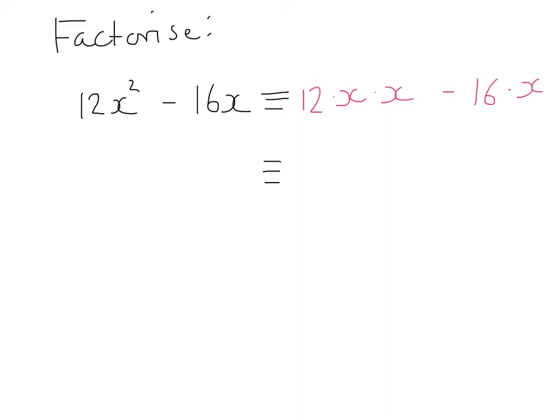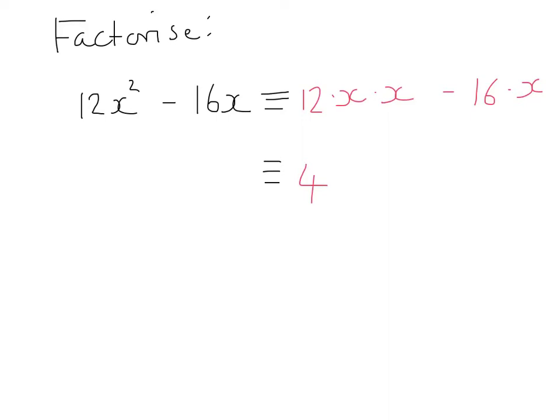Now on the next line, we're going to do the same thing that we did before and try to find the highest common factor of 12 and 16. So that's the biggest number that will divide into both 12 and 16. In this case that number is 4, so we're going to write that down. But before we open up the brackets, we're going to take a look at the letters here and the letters here.